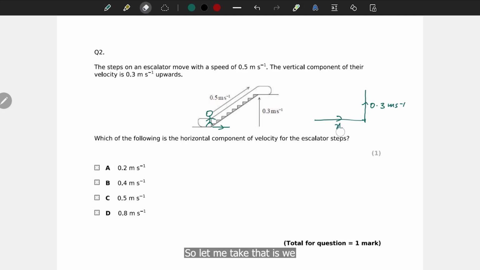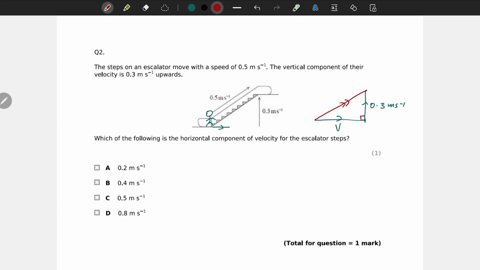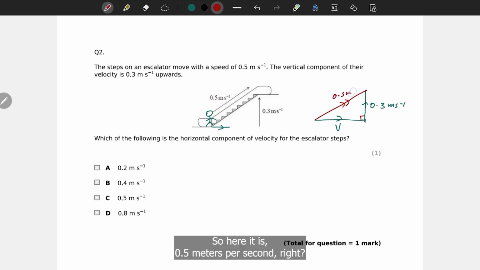So let me take that as v. I don't know how much this velocity is, so I'm going to find it out now, right? These two components combinedly produce the resultant effect what you are experiencing right now, which is 0.5 meters per second. Now v squared plus 0.3 squared is equal to 0.5 squared.